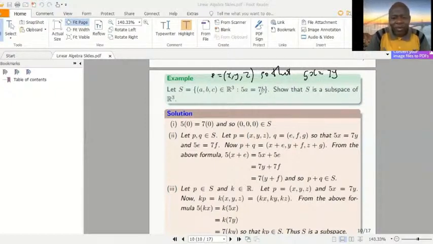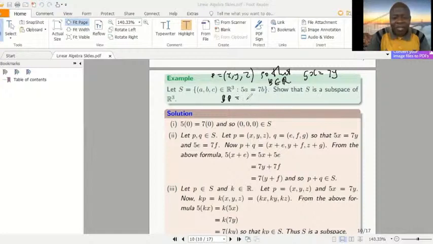That is very important because that's the condition given to us. I also want to choose a scalar, beta, in R. Let me get the product beta P.